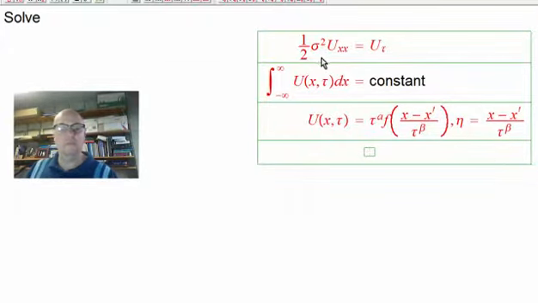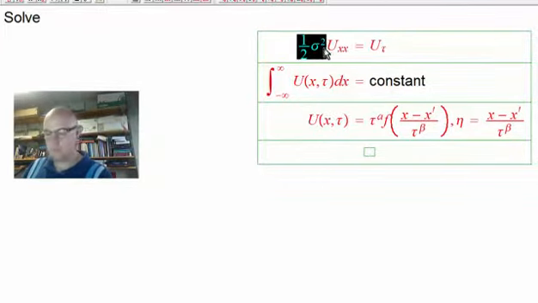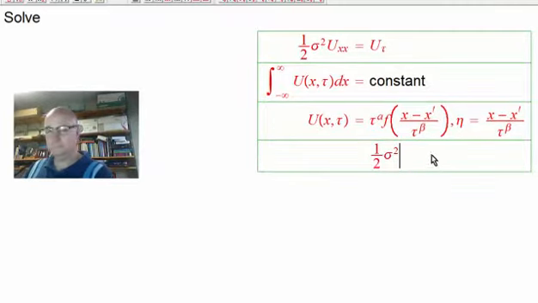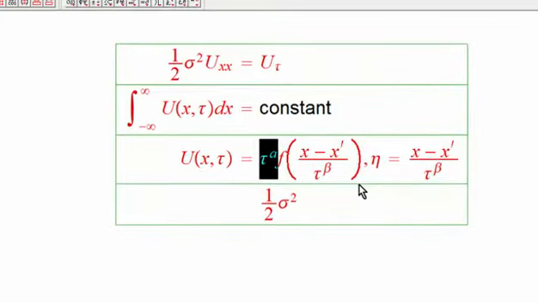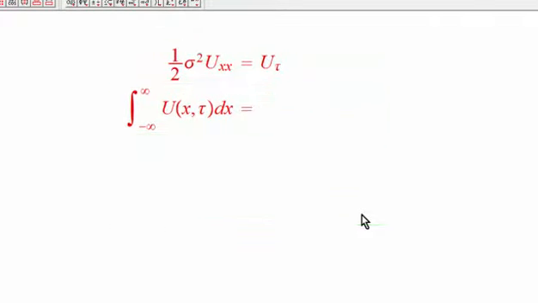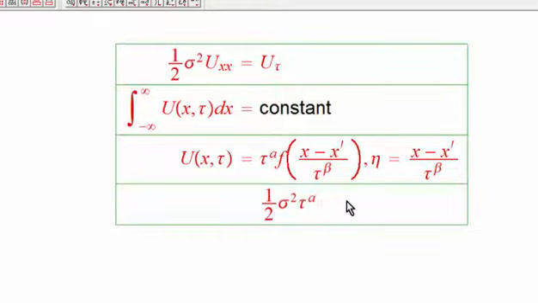So I need to then sub my solution into this partial differential equation. So I need the derivative with respect to x twice. Well, when I differentiate this with respect to x, there's no x in that tau to the a, so it stays the same.